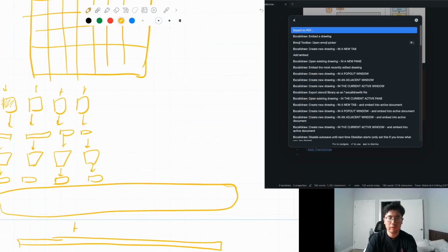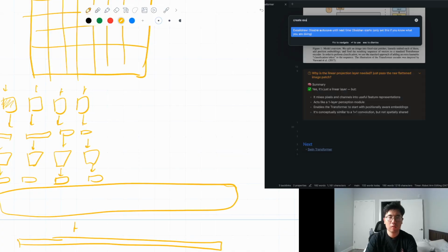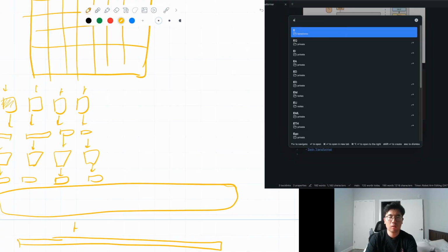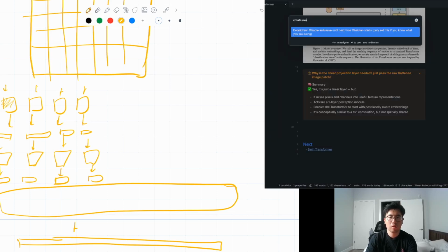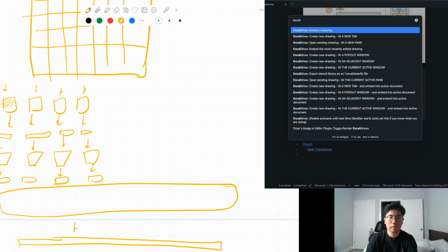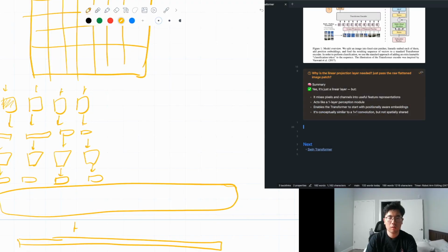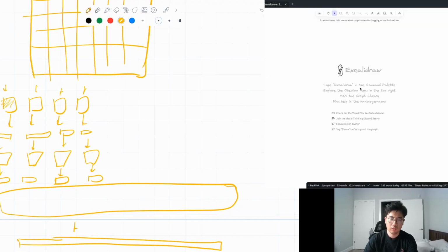Okay, maybe query. Create a new drawing and embed. Okay, so we have an image.